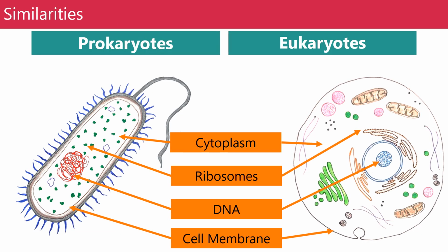Now, here are some common similarities between eukaryotic and prokaryotic cells. The first one is the cell membrane. Both eukaryotic and prokaryotic cells bear a lipid bilayer, which is an arrangement of phospholipids and proteins that acts as a selective barrier between the internal and external environment of the cell.